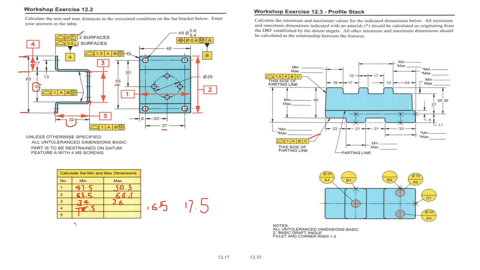So the minimum is 31.25, and the maximum value is 32, then plus 0.5, then plus this 0.25. It's 32.75. 32.75 is the maximum.